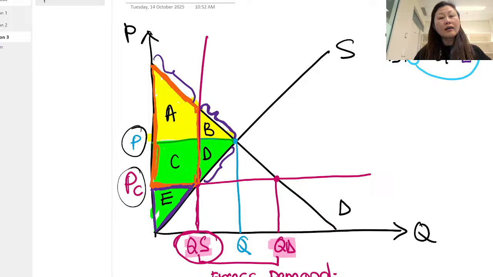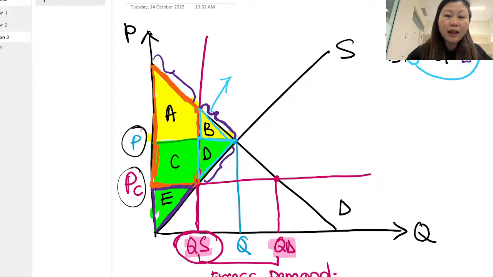Now, we are going to look at what happened to this bit here and this bit here. Sector B and D are completely lost or disappeared. For Sector B, consumers are not able to find an apartment after the introduction of the policy, because suppliers are not willing to produce more than what they are producing at QS. That's the maximum they're happy to produce.